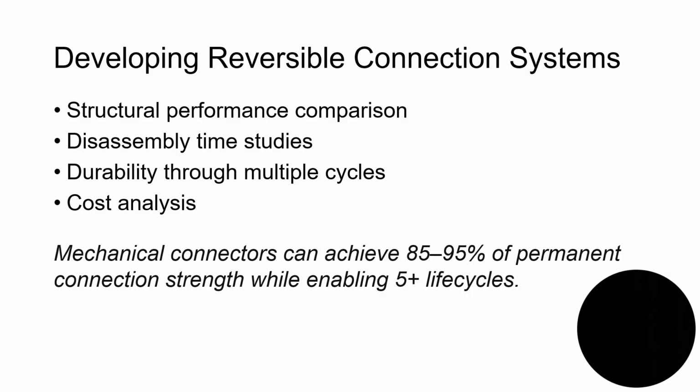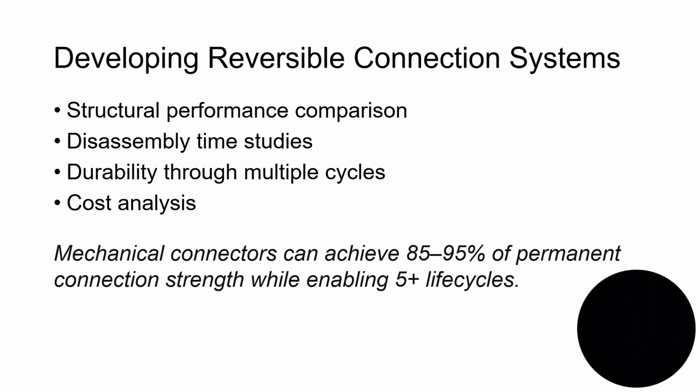Let's dive into one technical challenge, which is connections. Traditional construction relies heavily on permanent connections, such as welding and cast-in-place concrete. In contrast, circular modular construction emphasizes reversible mechanical connectors.